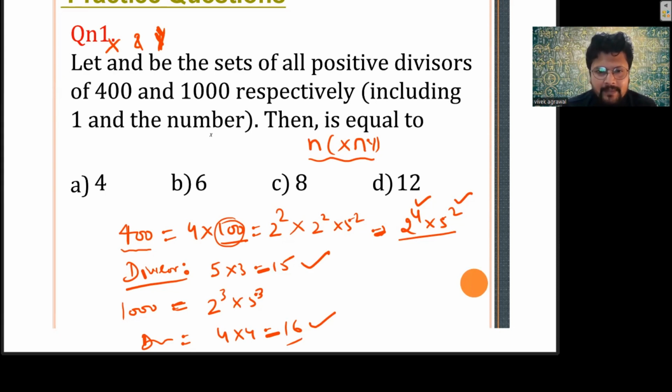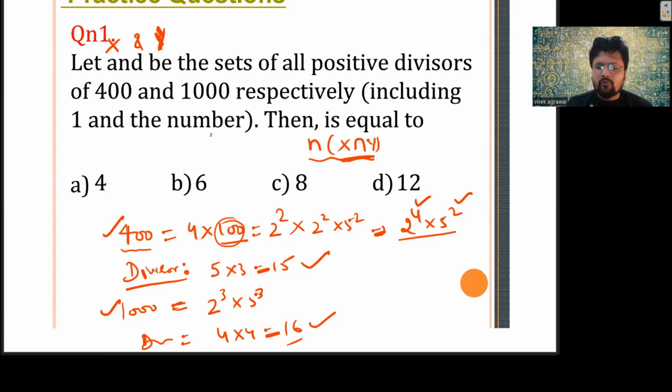Instead of doing this, we can just find the HCF, that number which is going to divide both numbers. Because we have to find X intersection Y. X intersection Y means we have to choose those divisors which divide 400 and 1000 both.